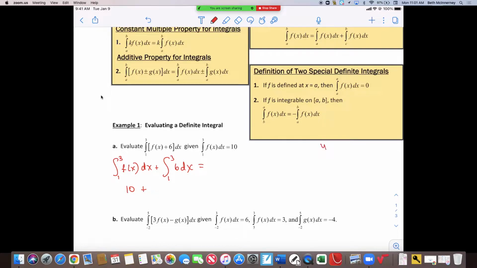If I'm really looking at y equals 6 from 1 to 3, I know how to find that area, don't I? So anytime you have an integral of a constant, you can represent that by creating a rectangle. So that's going to be 2 times 6. So 10 plus 12 is 22.